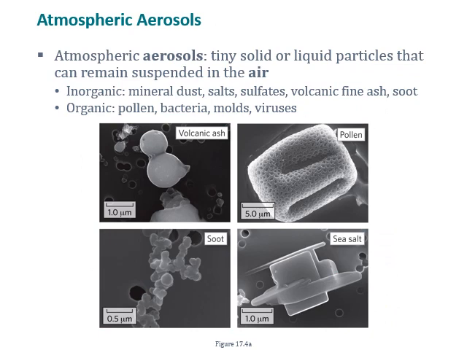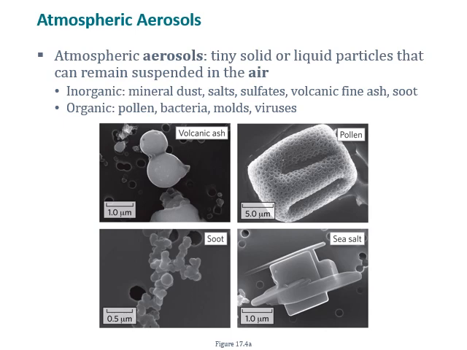The atmosphere also contains tiny solid or liquid particles that remain suspended in the air called aerosols. Aerosols can be inorganic, like mineral dust, salts, volcanic ash, and soot, or organic, like pollen, bacteria, molds, and viruses.